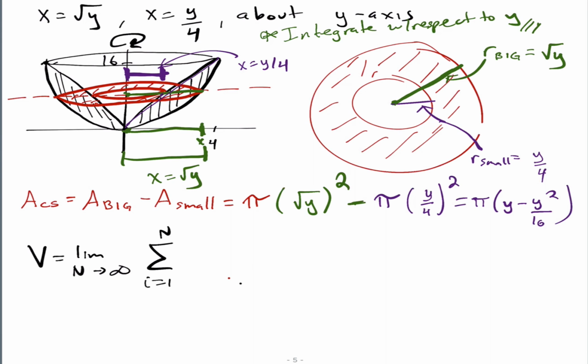So even though it seems like a pointless exercise to write down the sum, I want to make you do it anyways. So what goes in the sum? What do I put in there? It's the area of the cross section, which in this case is pi times y minus y squared over 16.